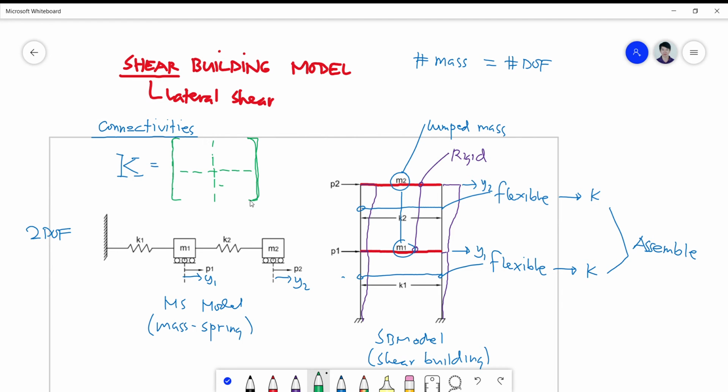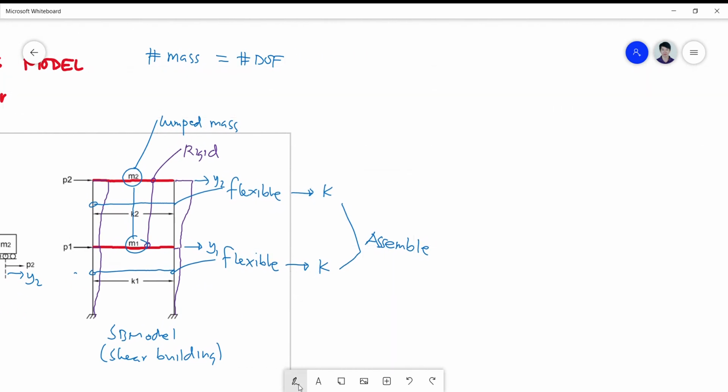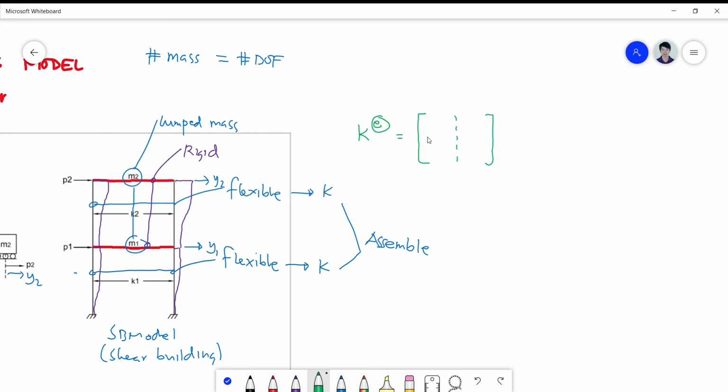Now each element here, K1, defines a value of your flexibility or stiffness. So for an element, let's say K of an element, in a simple shear building model, this is equivalent actually to a 2 by 2 matrix, very similar to a truss system.